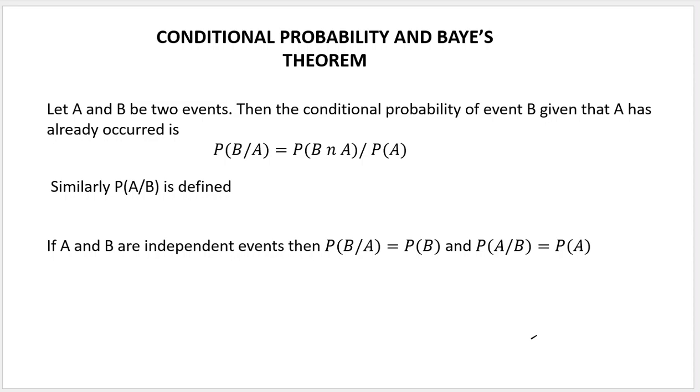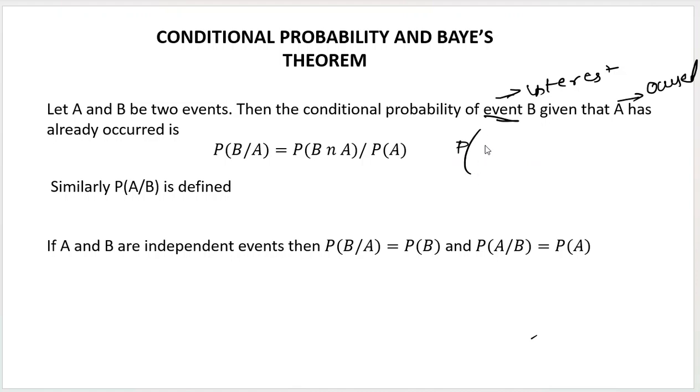Let A and B be two events, then the conditional probability of event B, given that A has already occurred, is written as P of B by A, which is nothing but P of B intersection A upon P of A. So the conditional probability of event B is the event which we are interested in, and the event A is the one that has already occurred.